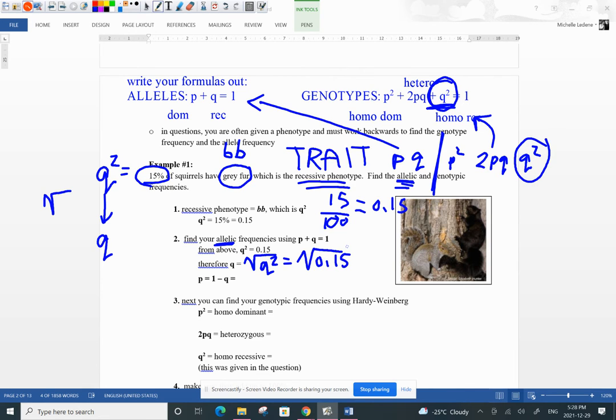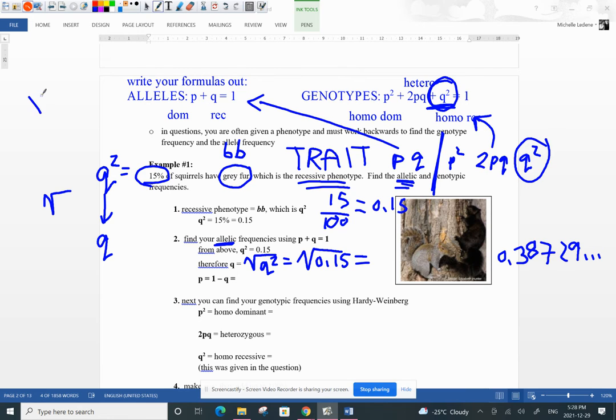Oh, by the way, did I tell you need your calculator? All right, grab out your calculator. The square root of 0.15, okay, so punch it into your calculator and you're going to get a value of 0.38729. Now, don't round yet. We're going to do all of our rounding at the end.